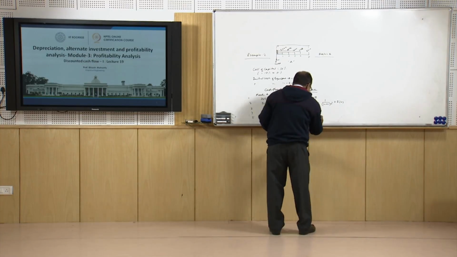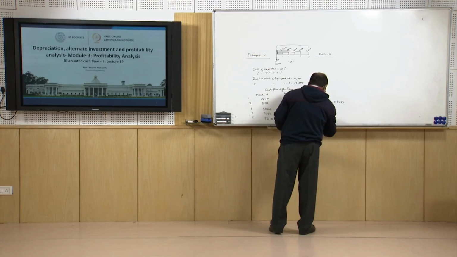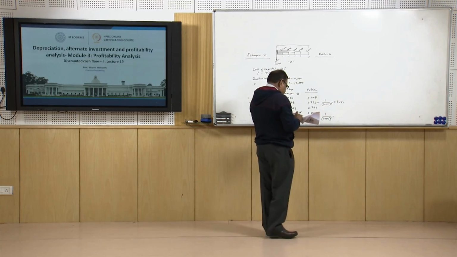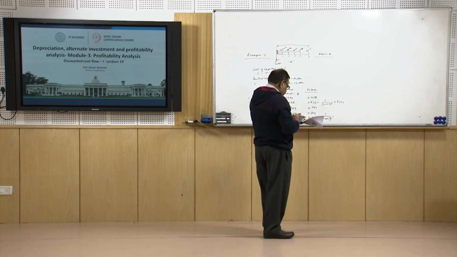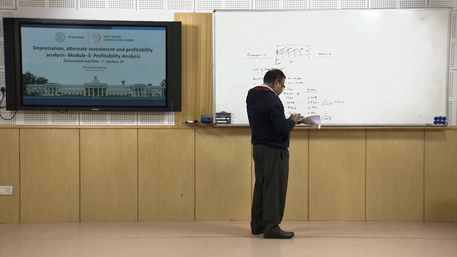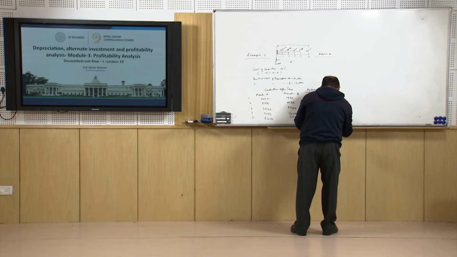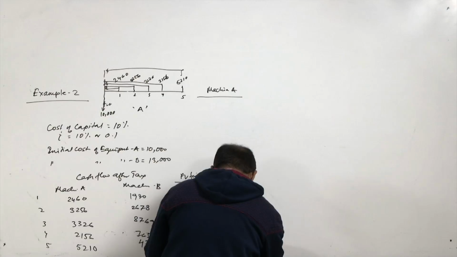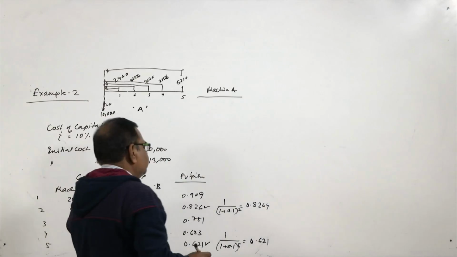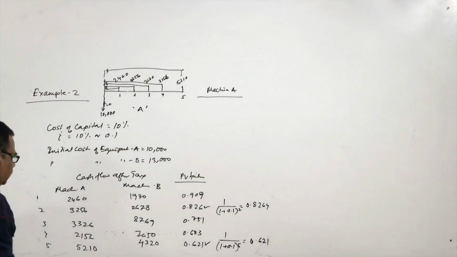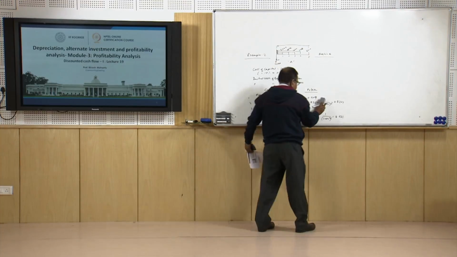Similarly, let us calculate for this. This is 1 plus 0.1 to the power 5, which comes out to be 1.1 to the power 5, and the inverse of this is 0.621. So I have shown you how this PV factor has been calculated.